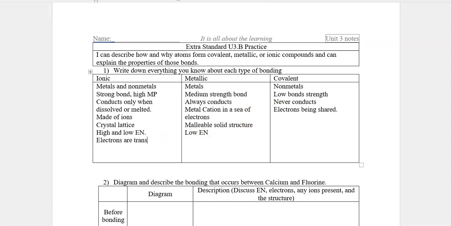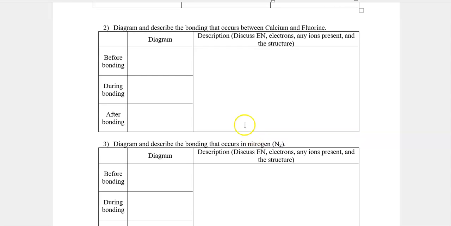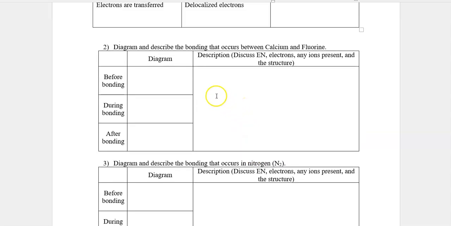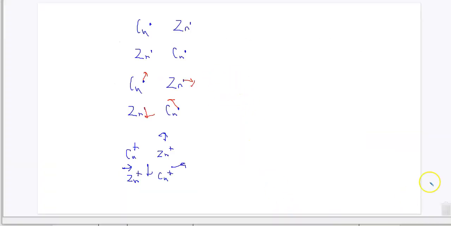Electrons are transferred. Well, we said sea of electrons here, so delocalized electrons, though, we use our vocabulary. No ions. Molecule, high electronegativity.